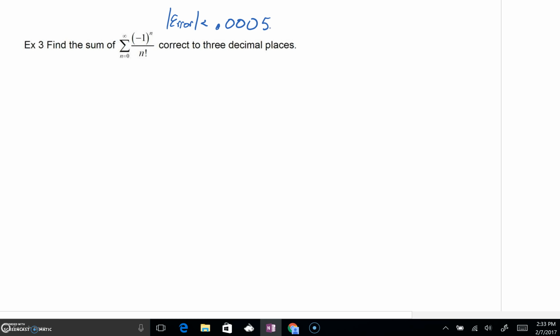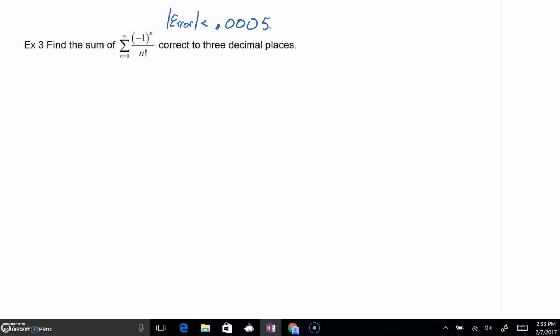That's probably a better way to think about it. Go out to however many decimal places you want, what they're telling you to find. Go 0.000, stop, and then put on a 5. If you're smaller than that, you won't be able to round up and affect that decimal place.